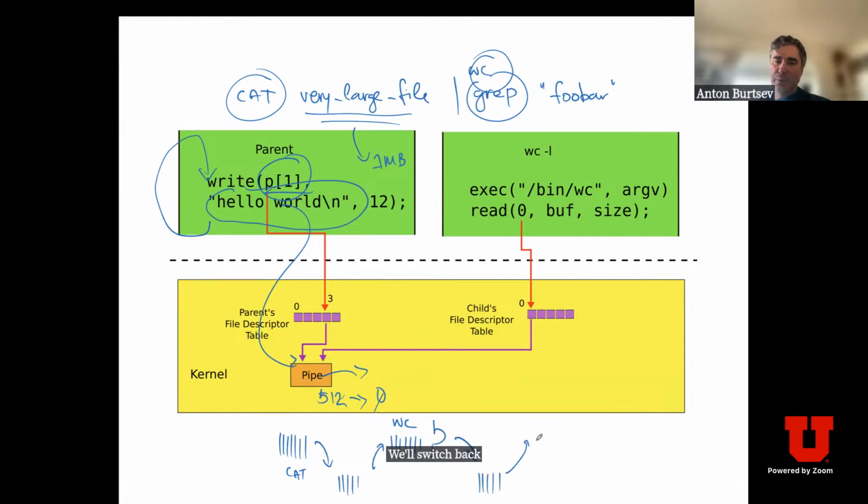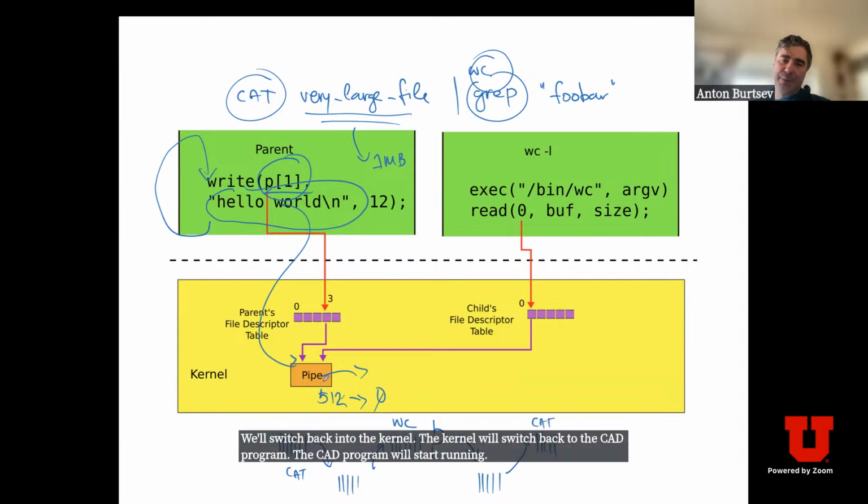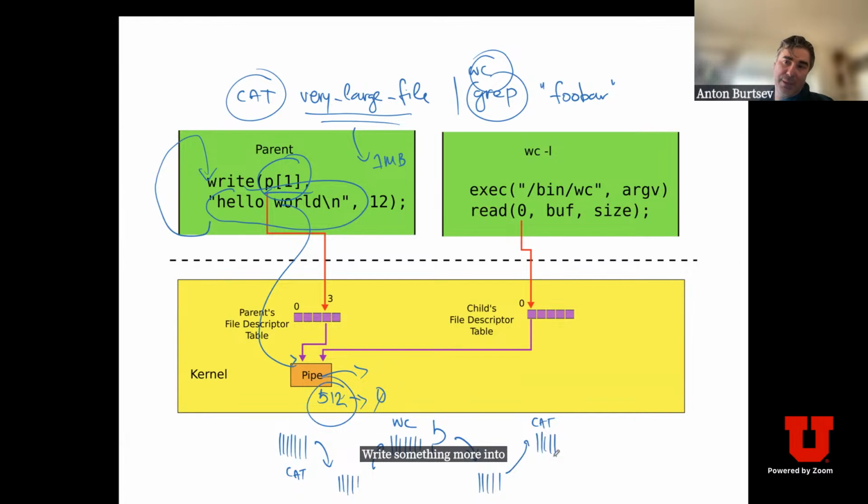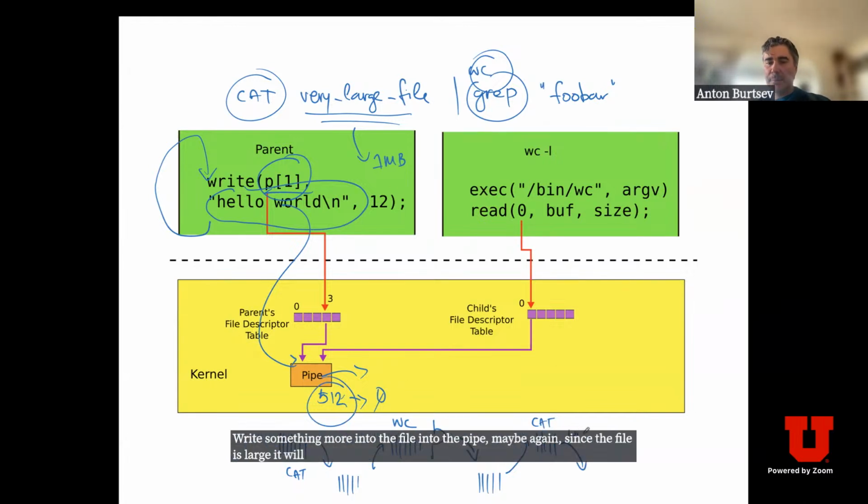The kernel will switch back to the cat program. The cat program will start running and write something more into the pipe. Maybe again, since the file is large, it will write the same 512 bytes into the pipe, and the kernel says, okay, the pipe is full, so I will context switch back into WC.